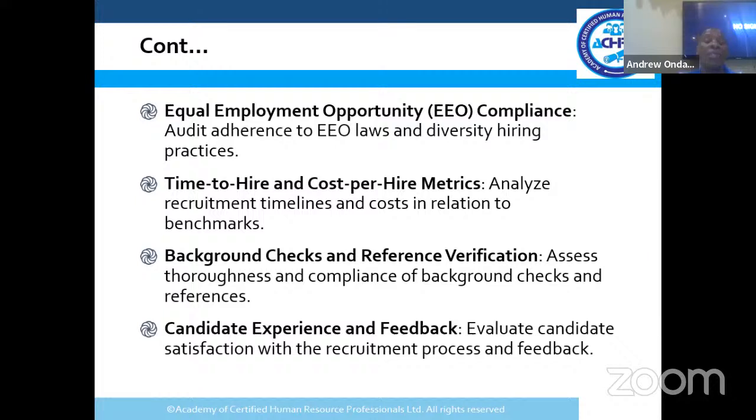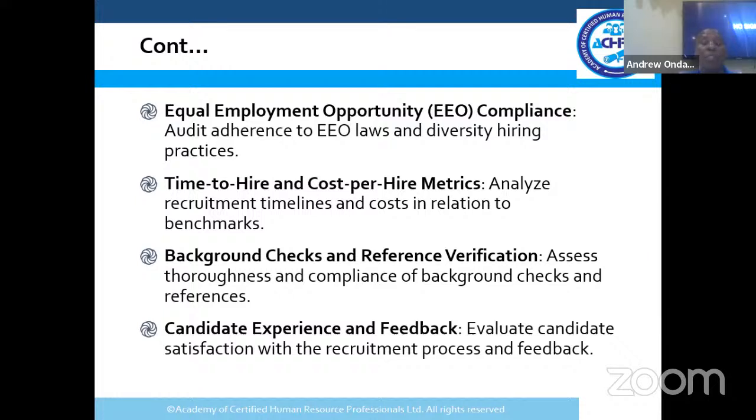Ideally, in the era of technology, the time to hire should not exceed 1 month from the time a gap is identified to the time that gap is filled, a maximum of 60 days. If it takes longer, then there are inefficiencies in the system, and probably that could be an item in your audit report.